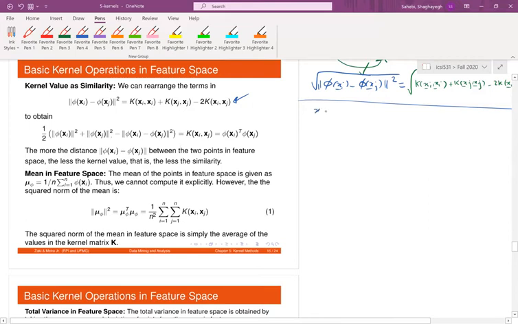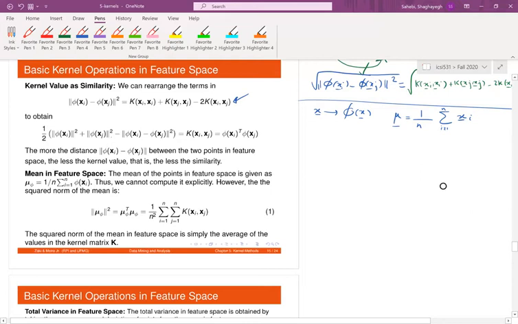Suppose that I had x and I just transformed it into phi of x, and I want to calculate the mean of my new data points in the new feature space. The sample mean in the original space, we calculated like this. We said that it's equal to 1/n, where n was the number of data points, times the summation over all of our data points, i equals 1 to n, of xi, which were our data points.